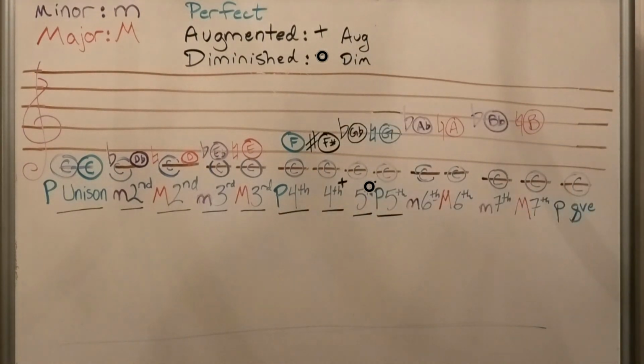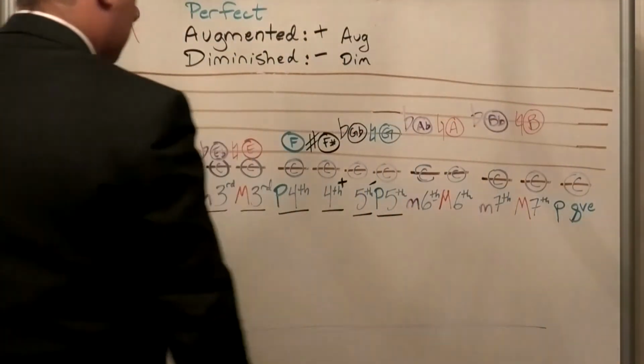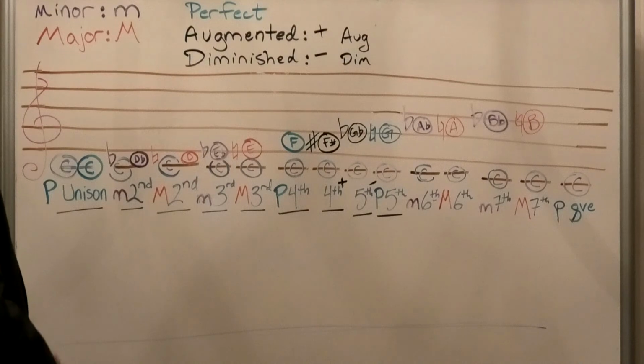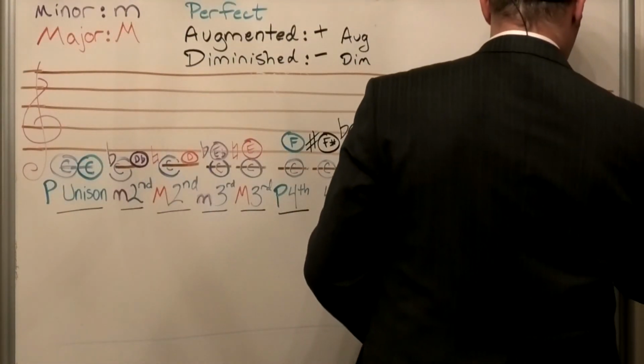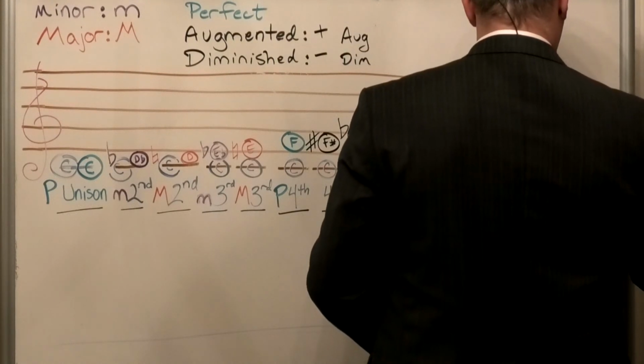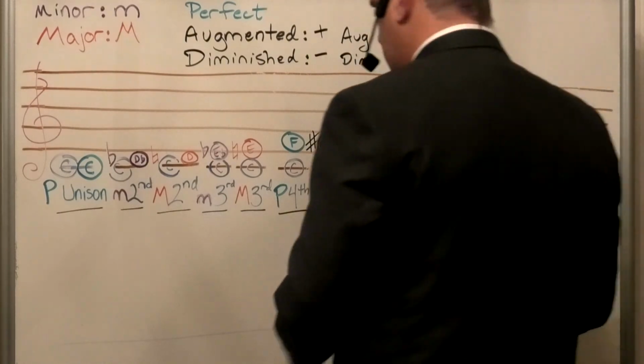If it's 2 octaves up or 3 octaves up, we'll still call it an octave. So these are our intervals.